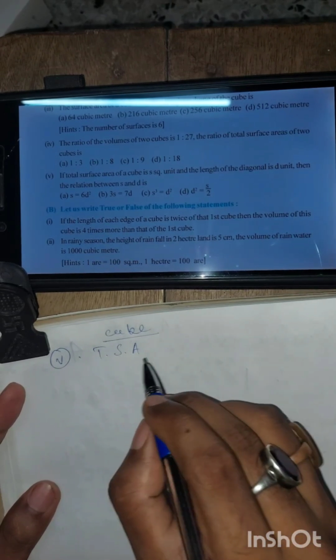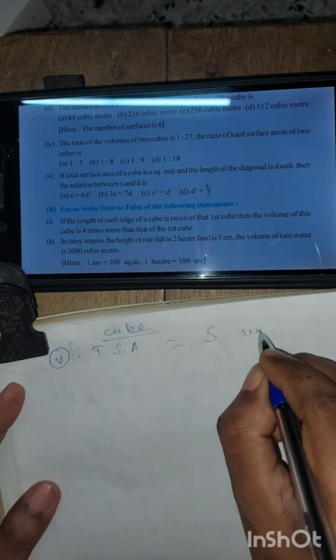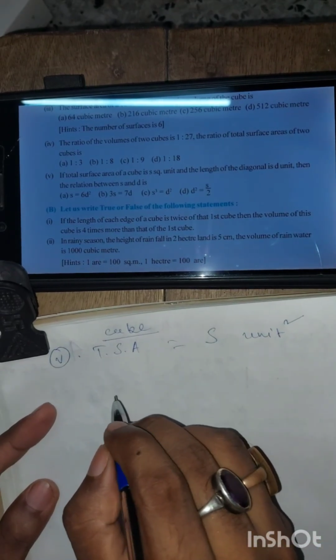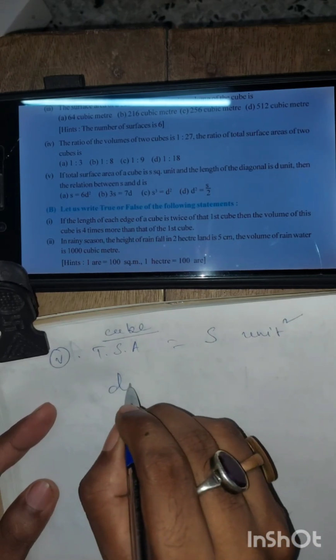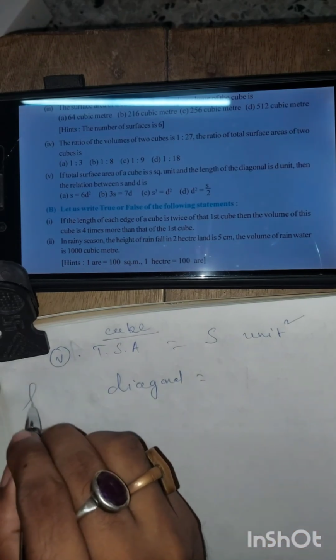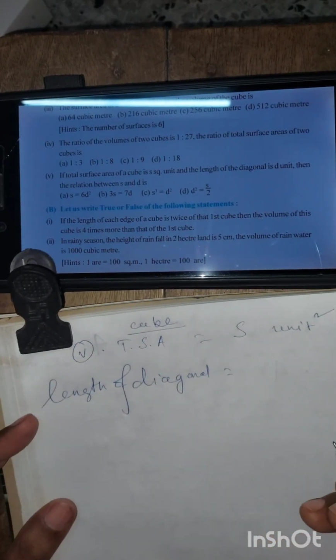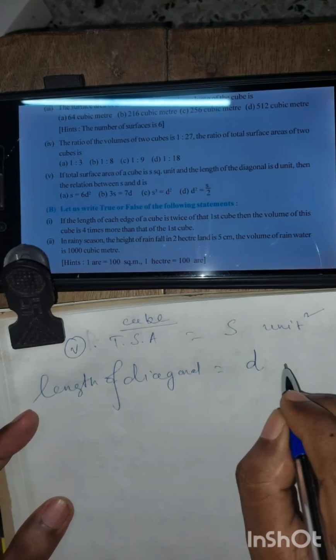Total surface area is s unit square, length of diagonal is d unit.